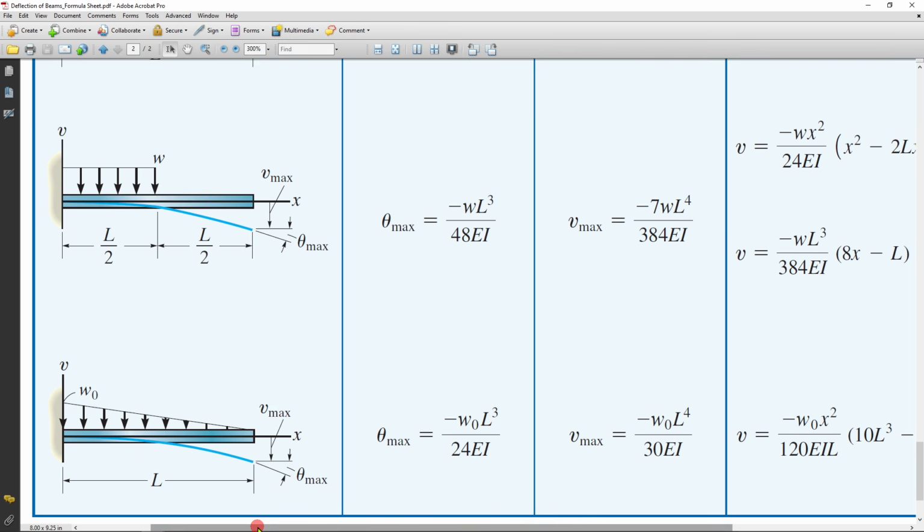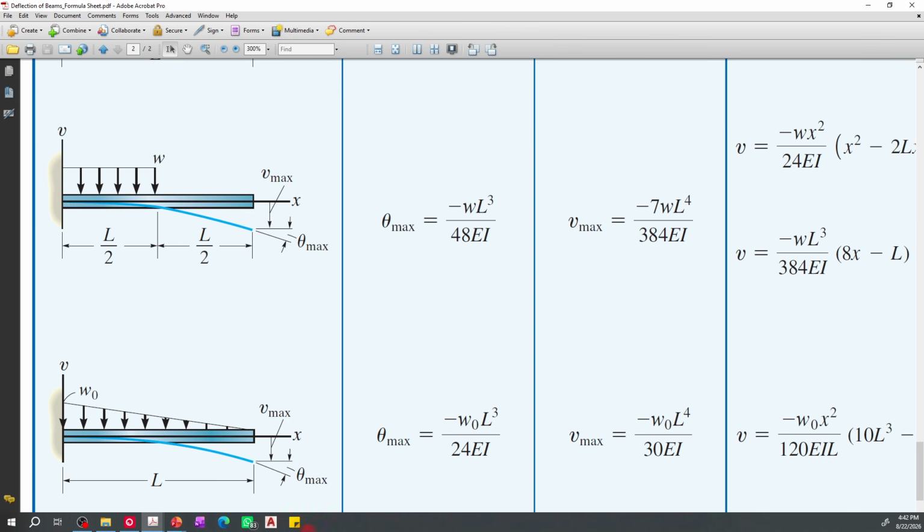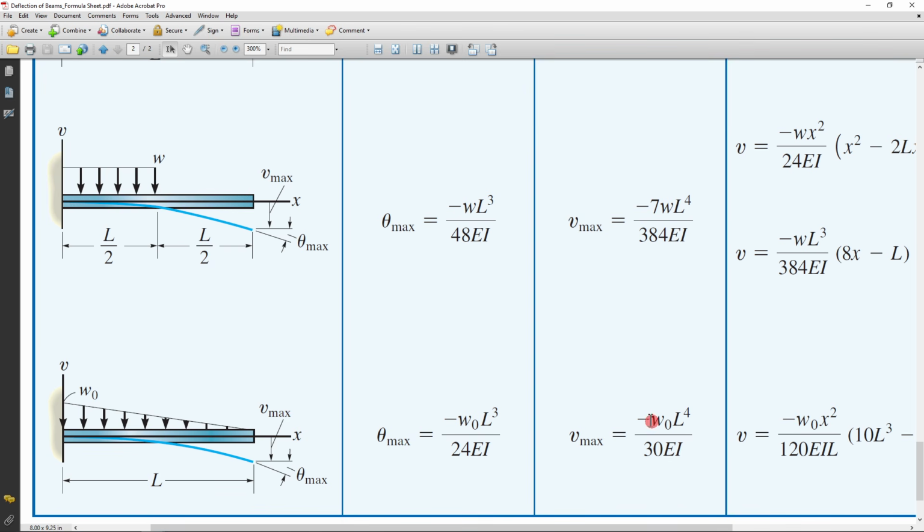We are going to calculate two quantities here. We are going to figure out the slope and the deflection as well. As far as the slope is concerned, this slope is equal to WL cube over 24 EI. And as far as the deflection is concerned, it is WL raised to 4 over 30 EI. Again, the negative sign indicated, you know the meaning, right?